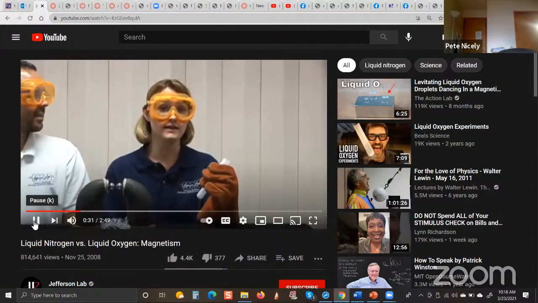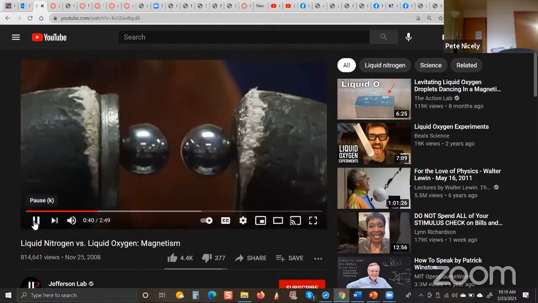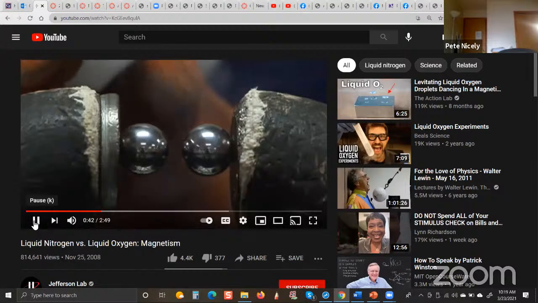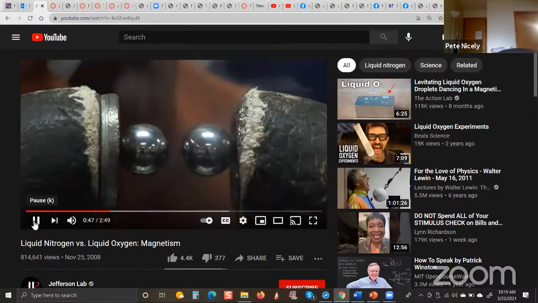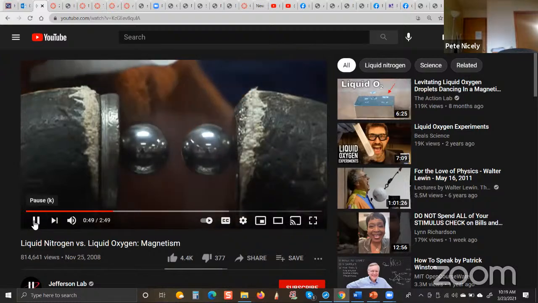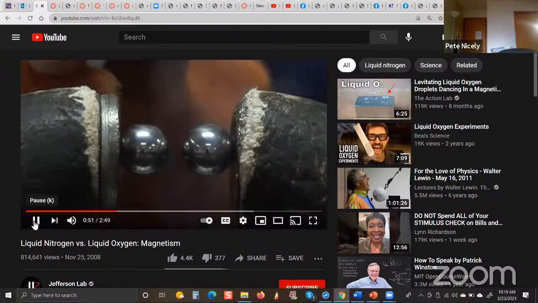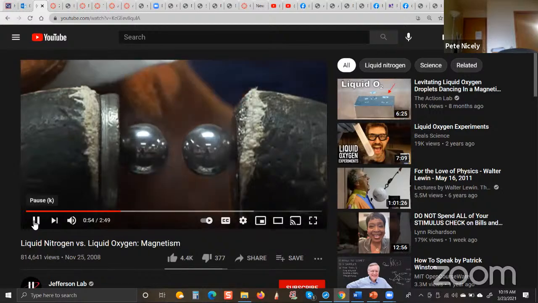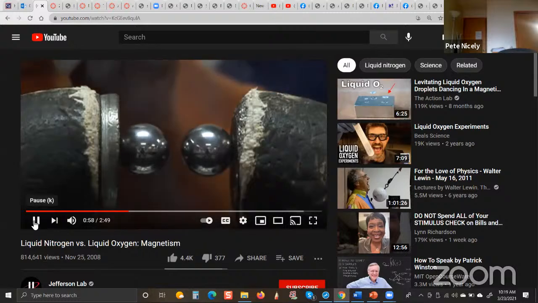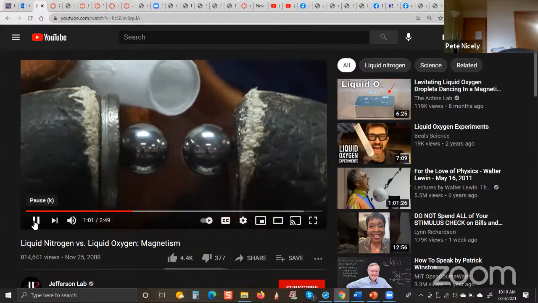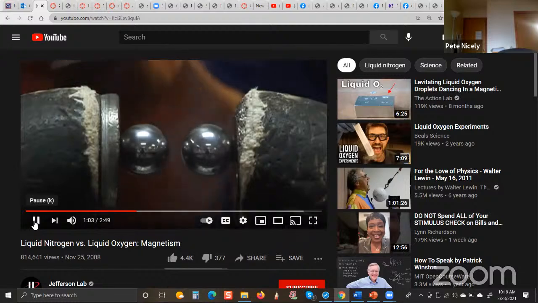This effect is known as diamagnetism. That's just a fancy way of saying that each of the nitrogen molecules is repelled by the magnet's magnetic field. So, when I pour the liquid nitrogen past the magnet's poles, it doesn't look like anything special happens. The nitrogen just falls past the magnet. That's because the diamagnetic effect is very weak, so we don't normally observe it. All materials are at least slightly diamagnetic, but because the effect is so tiny, we don't normally notice it.